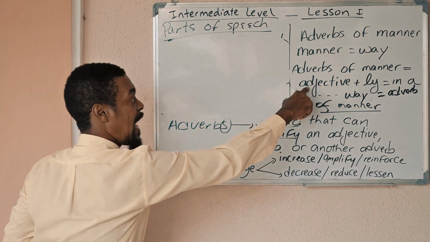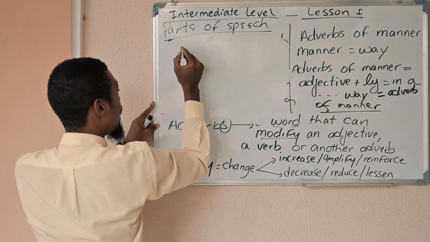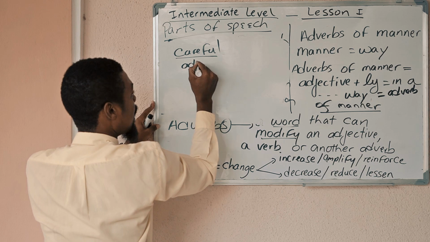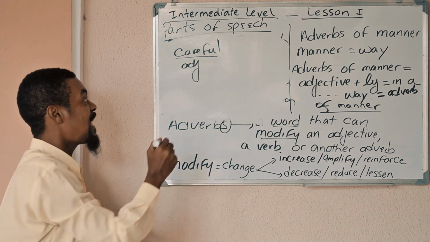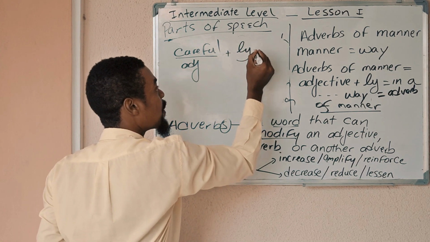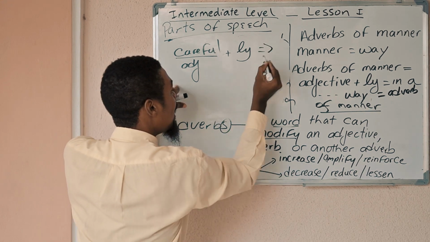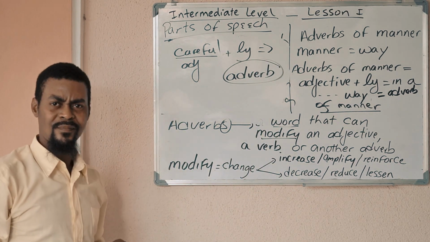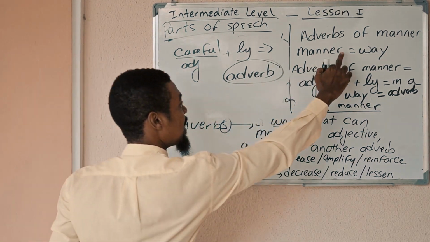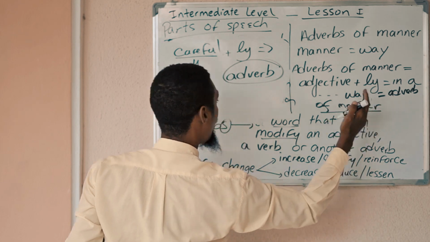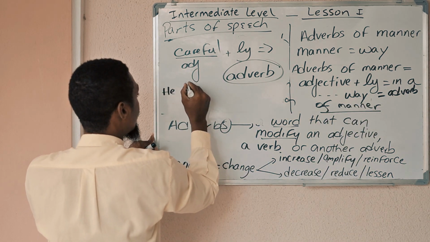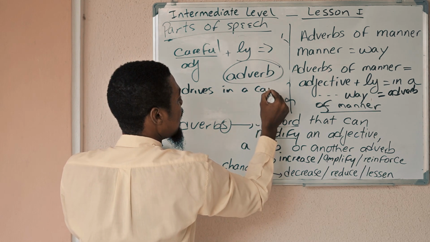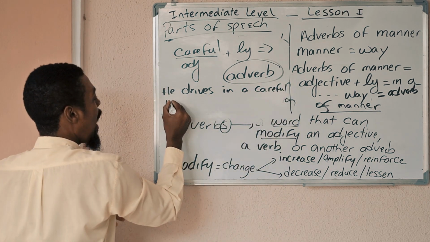I said adjective plus ly. For example, this is careful, which is what? Careful is an adjective, and I add ly to it. What happens to this adjective? It becomes an adverb. For example, he drives in a careful way.